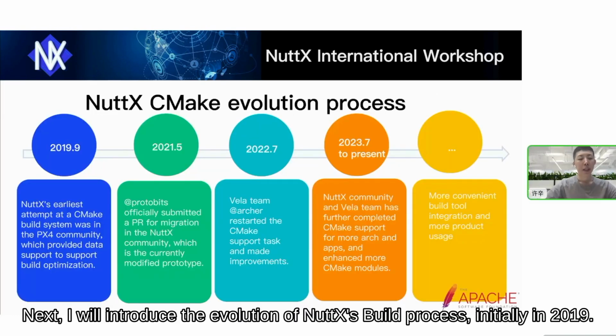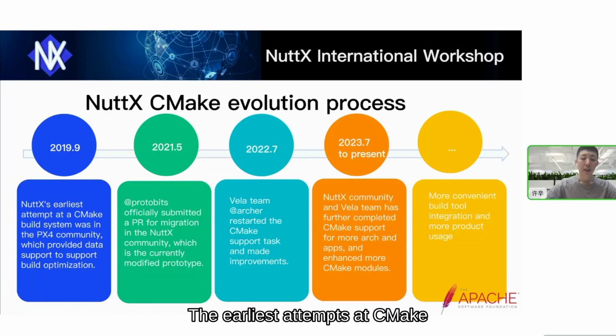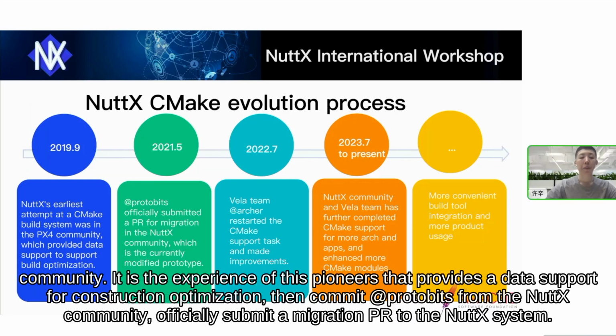Next, I will introduce the evolution of the NuttX CMake build process. Initially, in 2019, the earliest attempts at CMake build originated from the PX4 community. It is the experience of these pioneers that provides data support for build optimization.